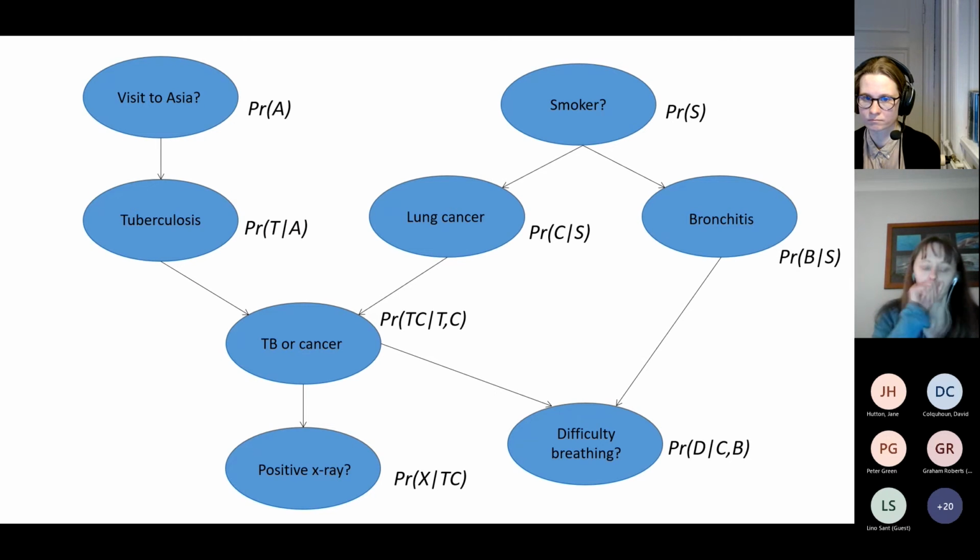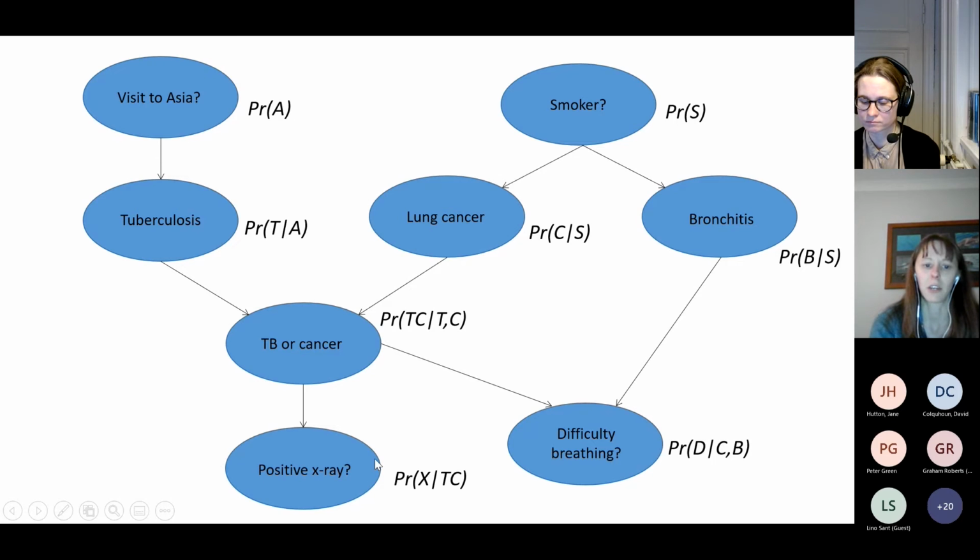And it might look something a little like this, where we've got information about whether or not someone's been to Asia, whether or not they're a smoker, and that affects whether or not you would expect them to have tuberculosis, lung cancer, bronchitis.